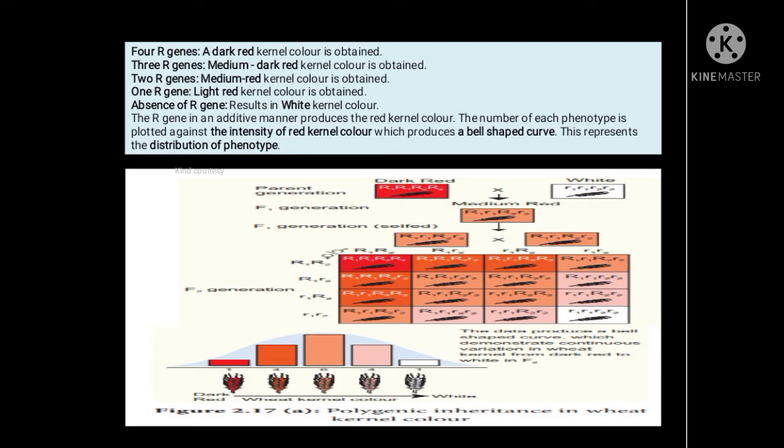When the F1 is selfed, it ultimately forms the ratio 1:4:6:4:1. That data produces a bell-shaped curve, which demonstrates the continuous variation in wheat kernel color from dark red to white in the F2.